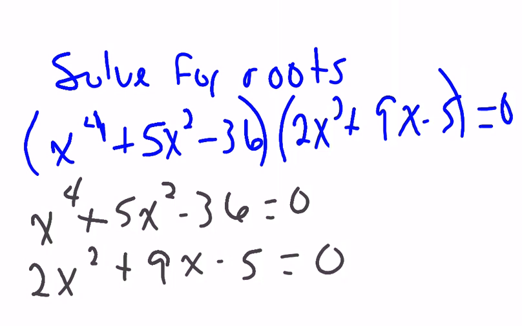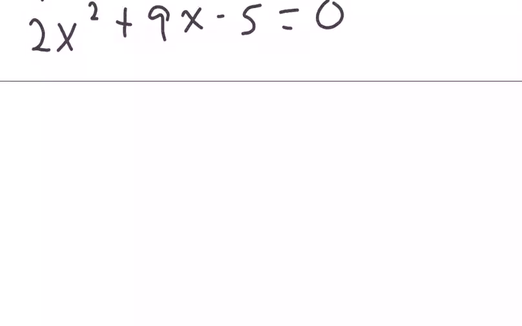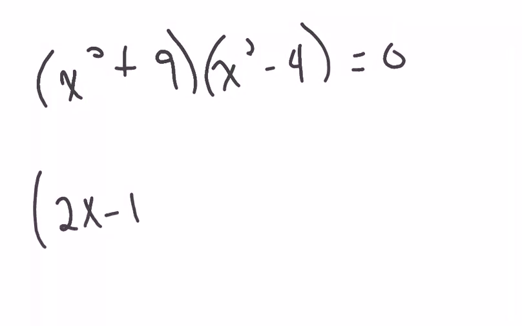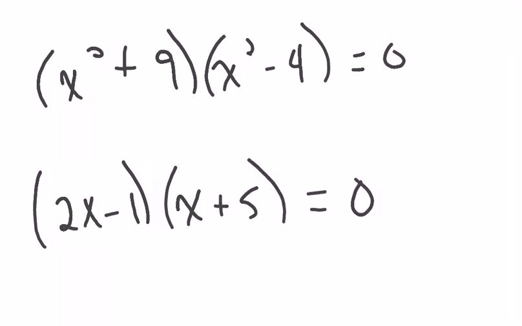But in order to solve that, now we need to go ahead and continue to solve those quadratics. Okay, so to factor those, the first one will factor into x squared plus 9 times x squared minus 4. The other one factors to 2x minus 1 times x plus 5.